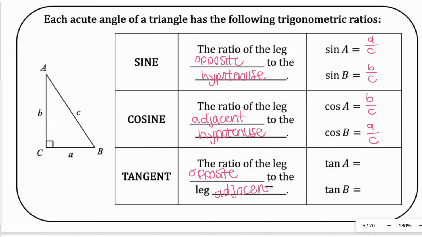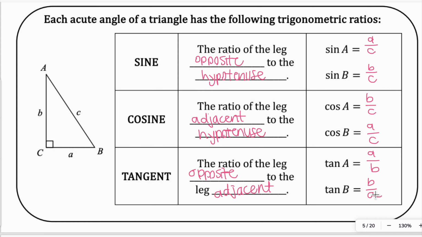So this one does not require the hypotenuse at all. If I'm looking at angle A, opposite is A and adjacent is B. For angle B, opposite is B, adjacent is A, so B over A.